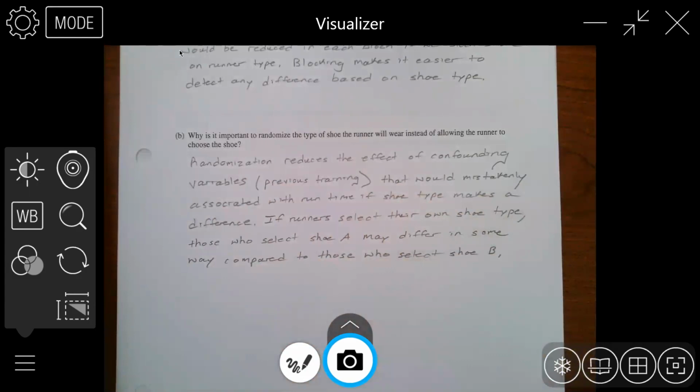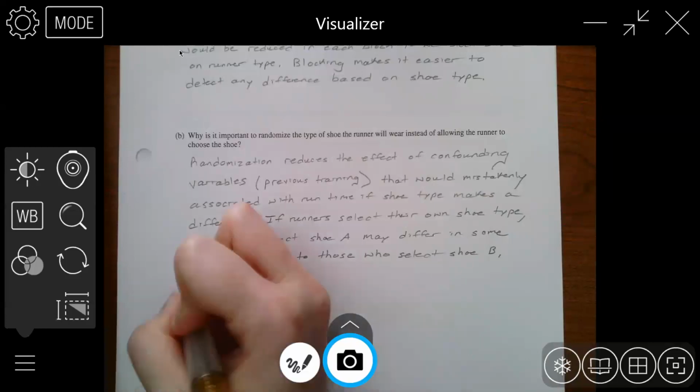Is the effect the shoe type, or is it really just this difference of runners self-selecting? And you can say that. So the researchers would then have a hard time seeing which comparison should be made.